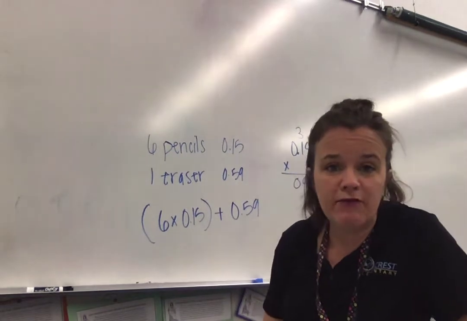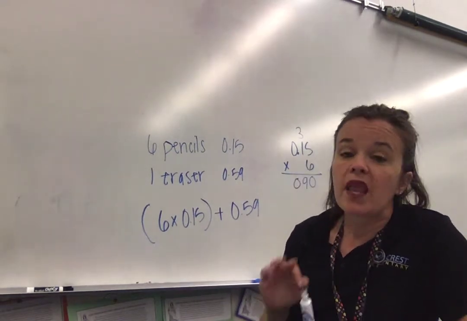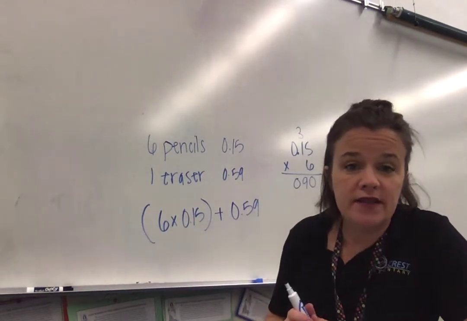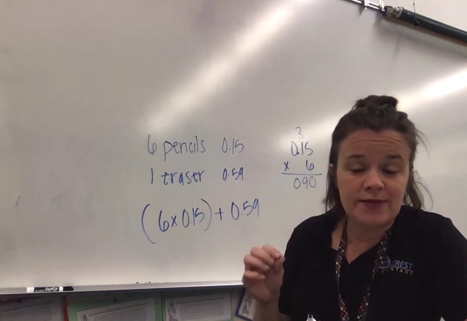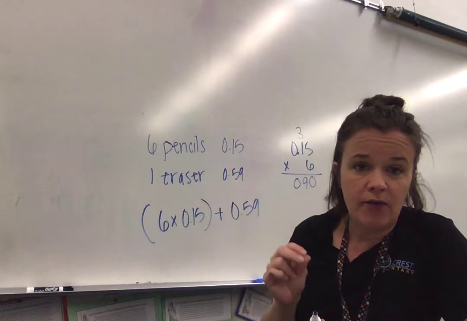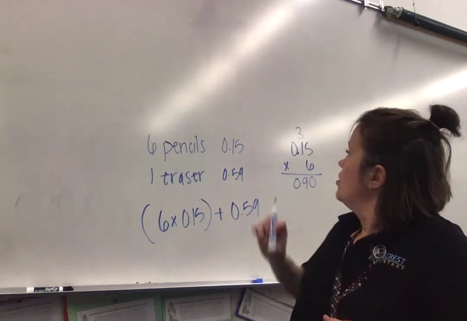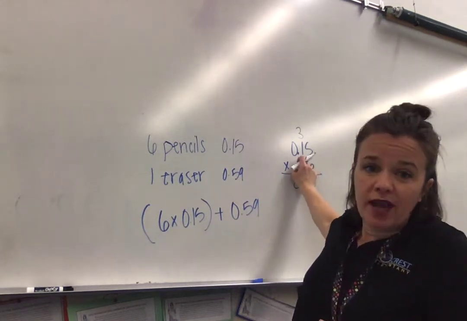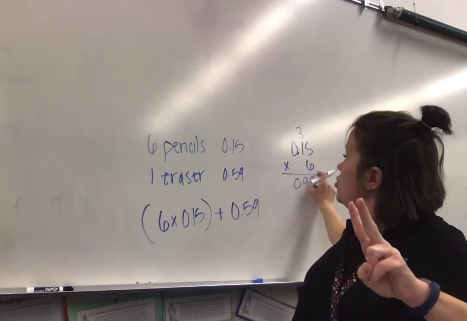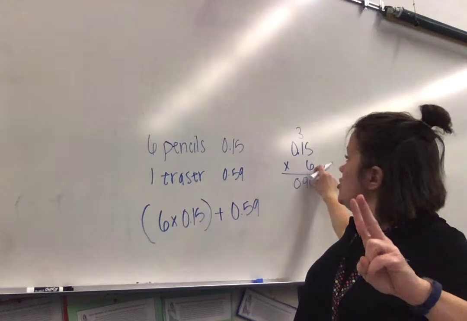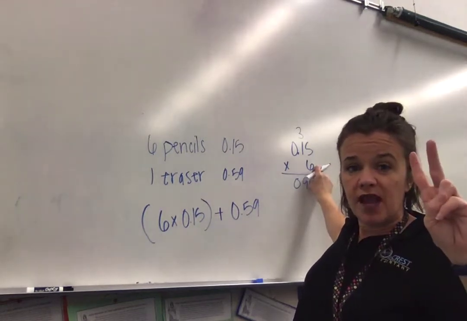Now I'm on to step 4. Step 4 says I count the number of digits that are behind a decimal, and then I put the decimal that many places in my product, okay? So I have 2 numbers behind my decimal here, right? I have 1 and 5, so there's 2. I have no numbers behind a decimal here, so I only have 2 numbers behind a decimal.